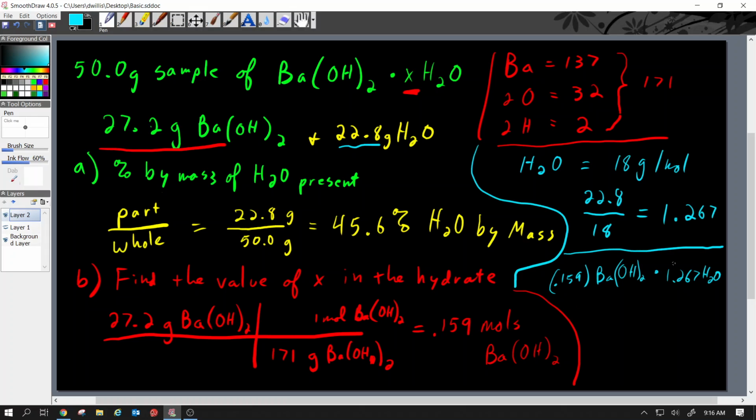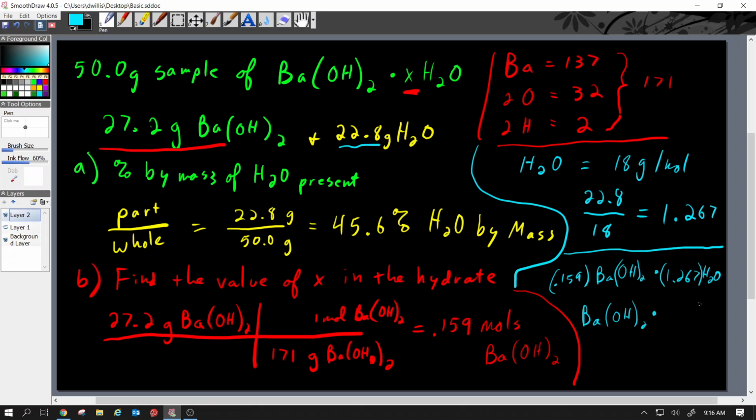Divide by the lowest number. So I'm going to divide by 0.159 and I'll have barium hydroxide of 1. And then how many waters am I going to have if I take 1.267 and divide by 0.159?